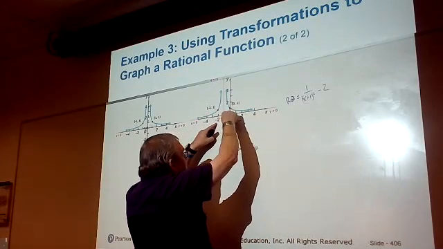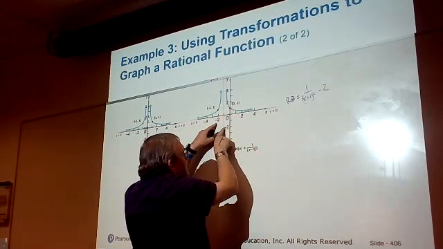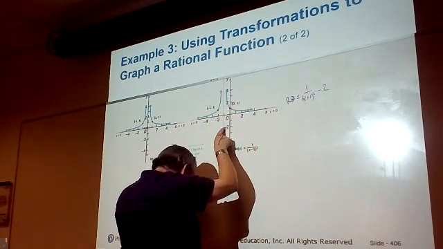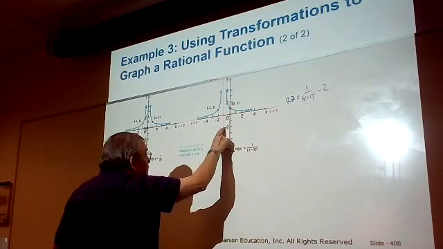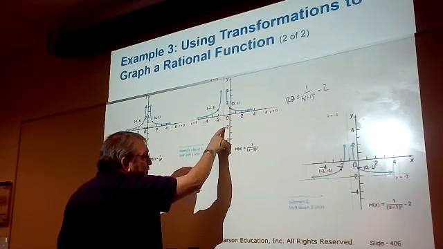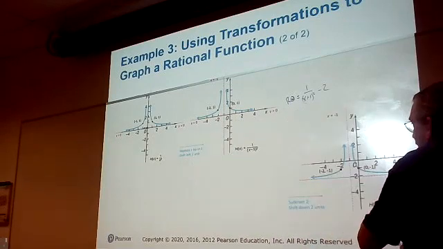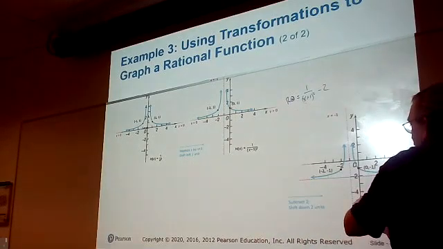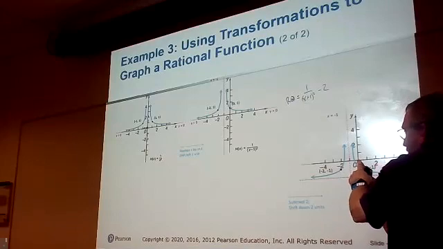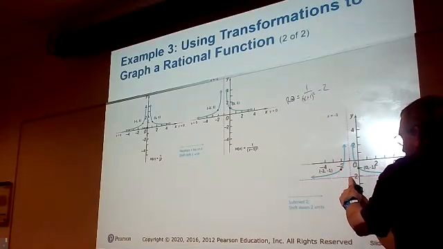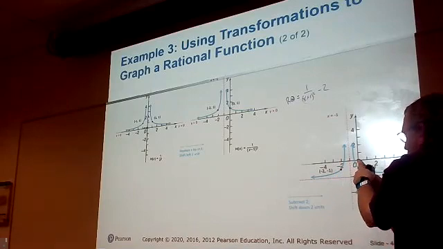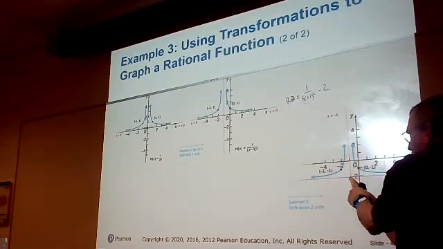So instead of 0, 0 being here, now 0, 0 is going to be down here at -1, -2, which they have over here. So 0, 0 went to the left 1 unit, and then it went down 2 units.